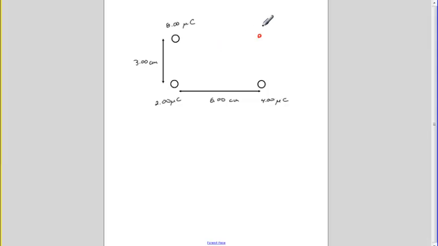Okay, so the first part is we do it this way, and then the second way is we replace one with a negative charge. So this distance, you're going to use the Pythagorean theorem to find the distance between that charge and the point of interest. So let's call this distance d. d is going to be equal to the square root of 6 squared plus 3 squared.